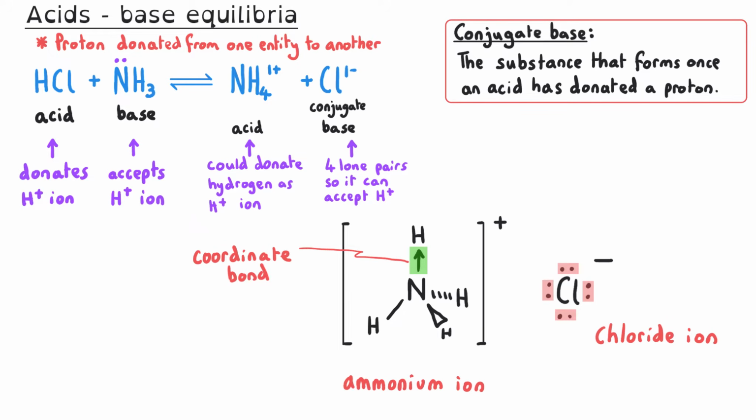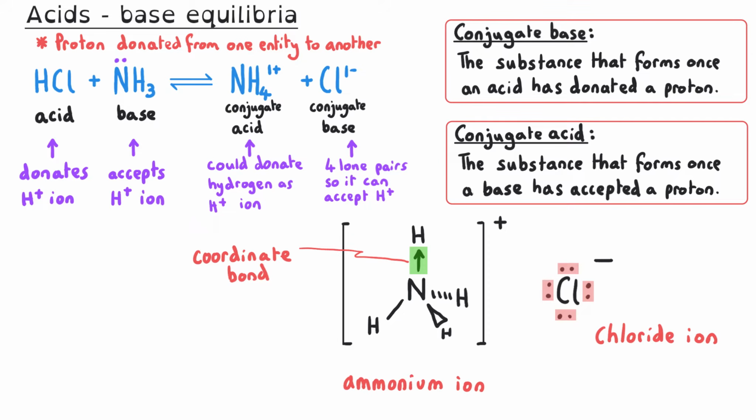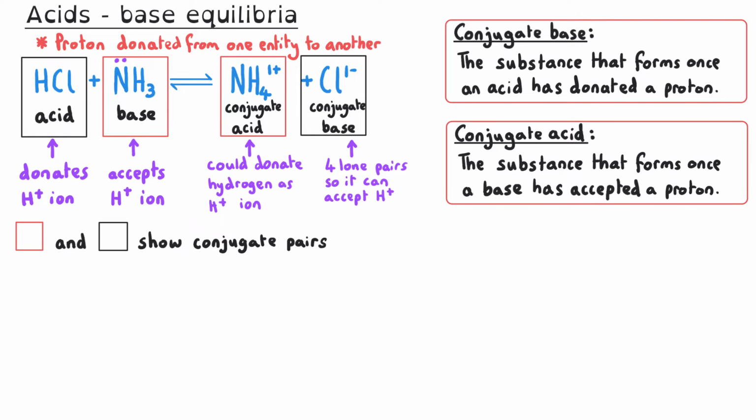And similarly, the ammonia accepts the proton, and once it accepts the proton, we make the conjugate acid. Literally, we would define the conjugate acid as the species that forms once the base has accepted the proton. And so, in any acid-base equilibrium, there are always 2 conjugate pairs.